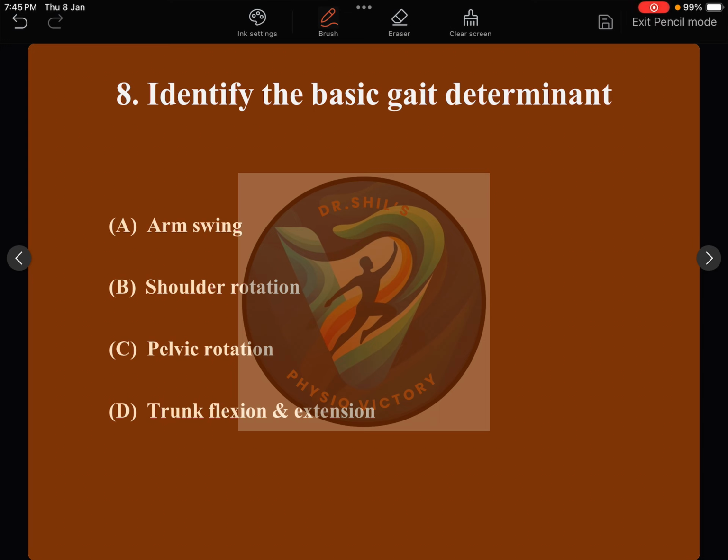Basically, there are 6 determinants of gait.